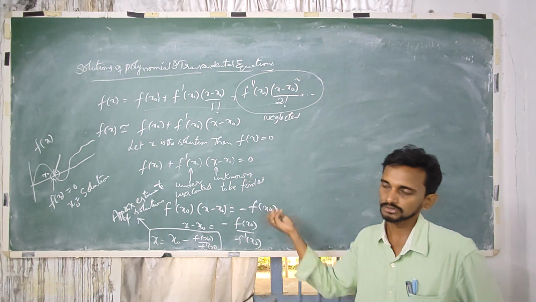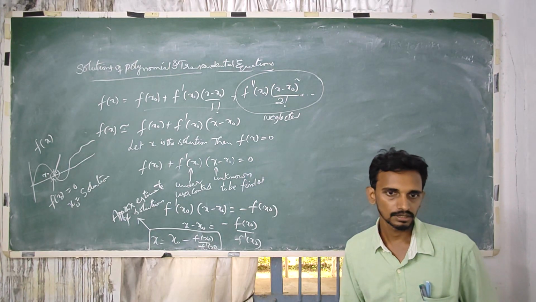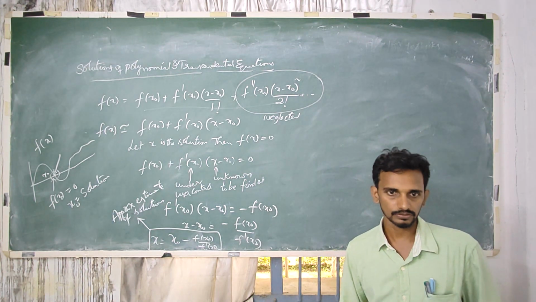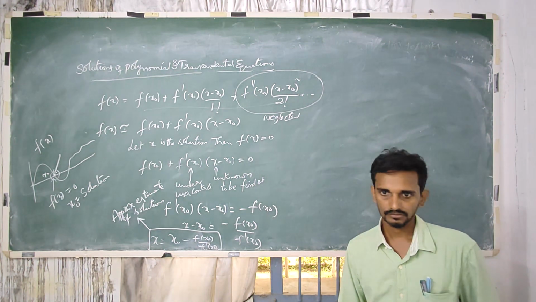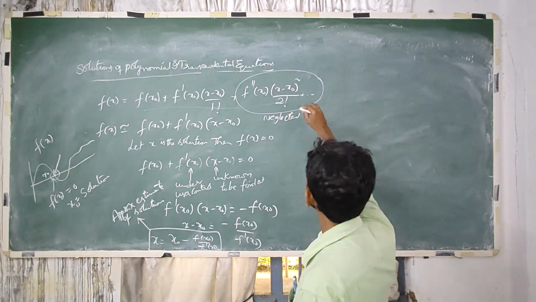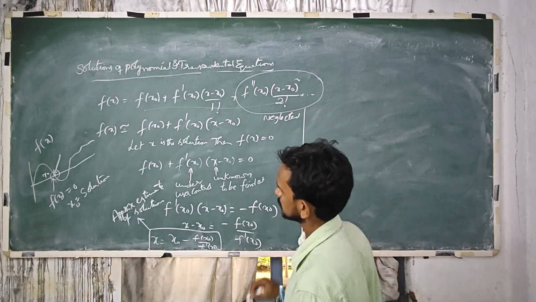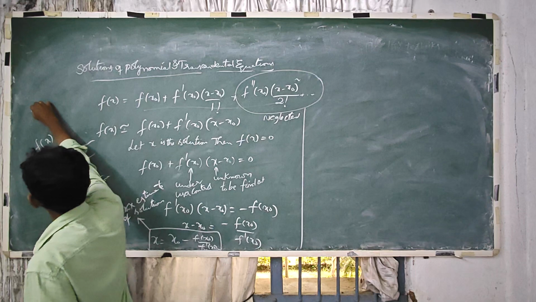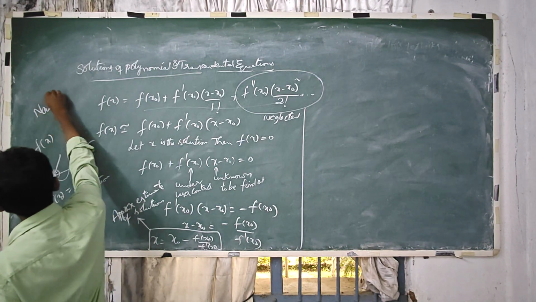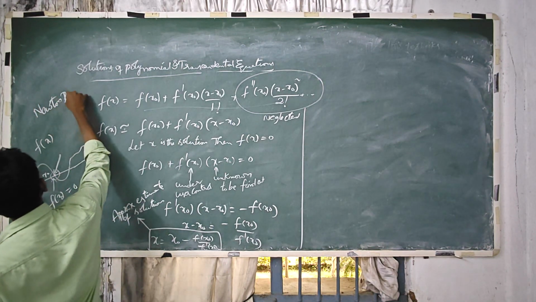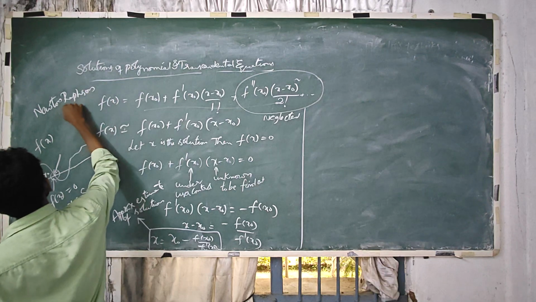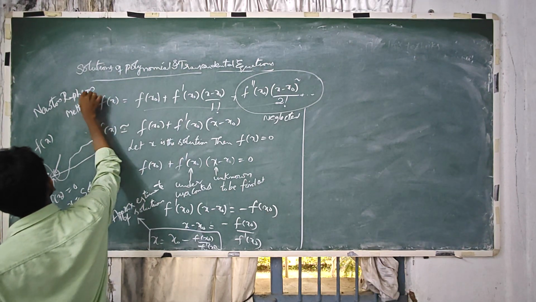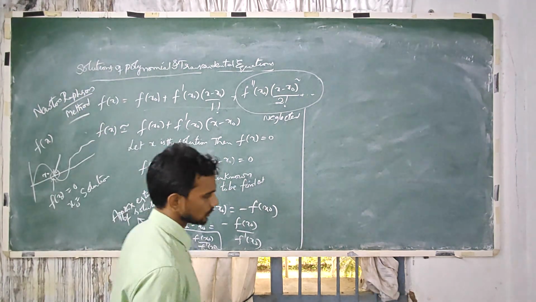So the process continues till we get f of x equal to 0. This method is called Newton-Raphson's method.